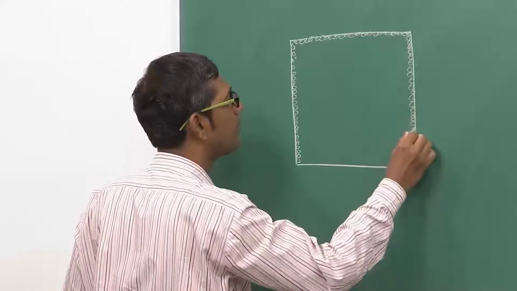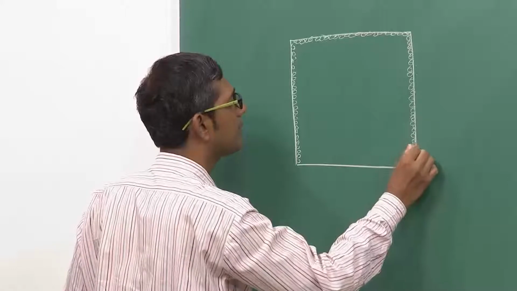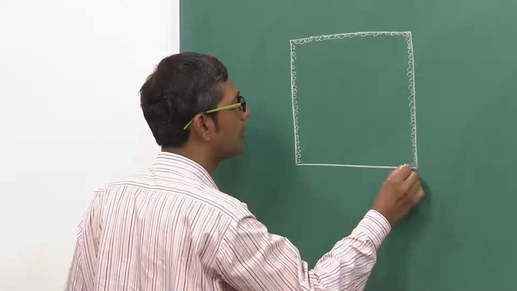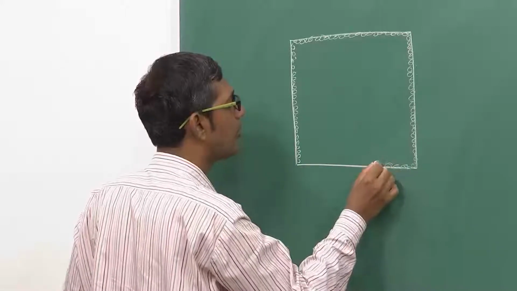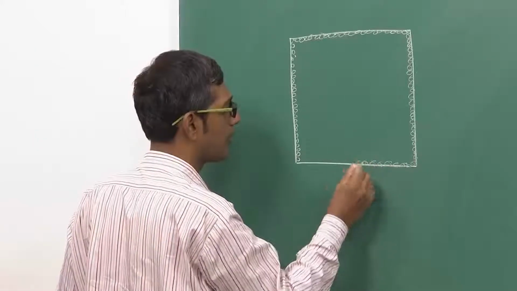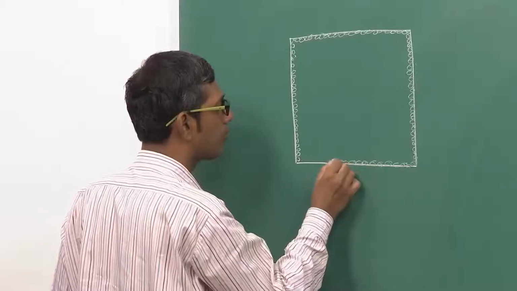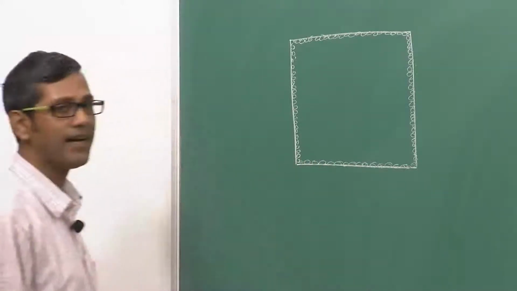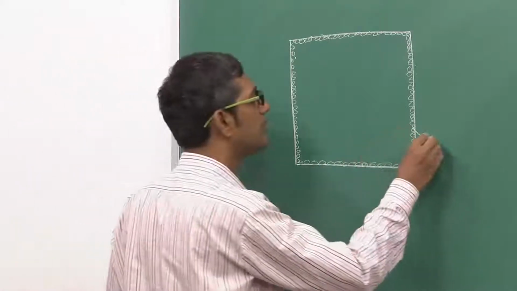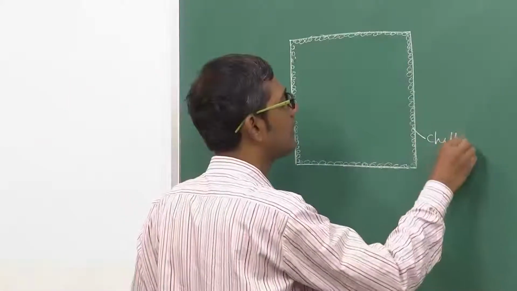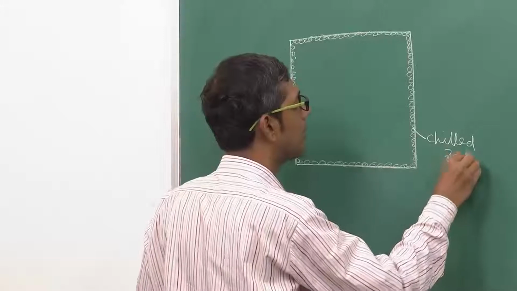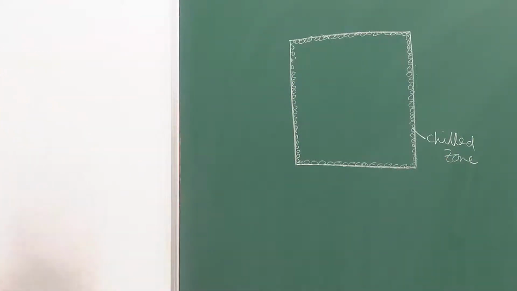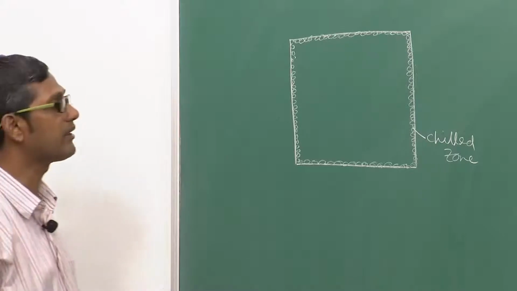Thus this will lead to the nucleation of a very large number of nuclei at the walls, and these nuclei will grow very slowly and remain very small in size because it is chilled, and this zone is known as the chilled zone in the casting.